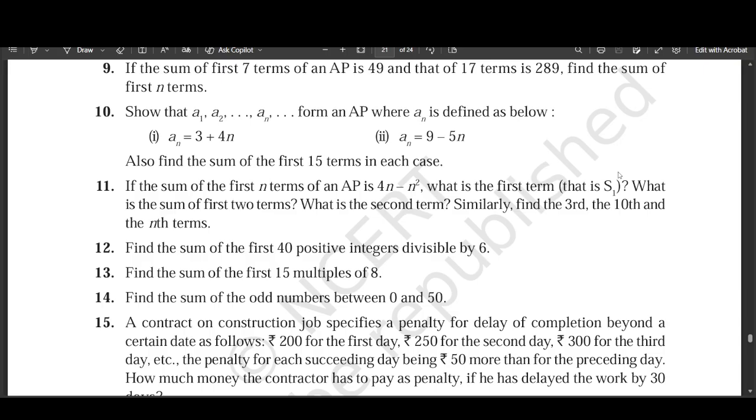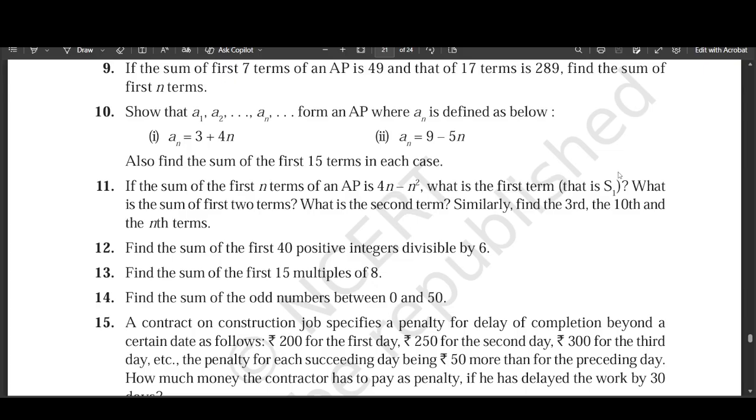Now 15th question is: a contract on a construction job specifies a penalty for delay of completion beyond a certain date as follows: 200 for the first day, 250 for the second day, 300 for the third day, the penalty of each succeeding day being 50 more than the preceding day.